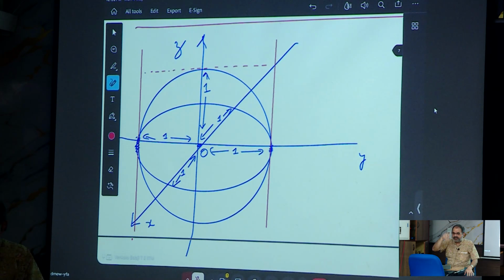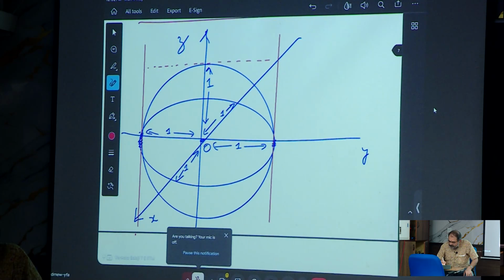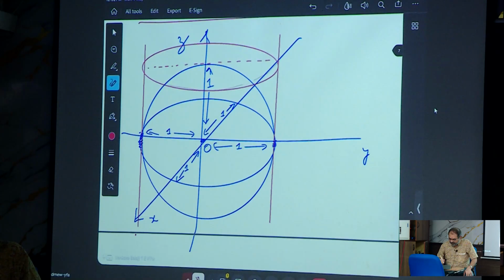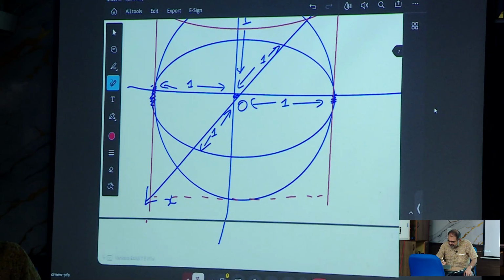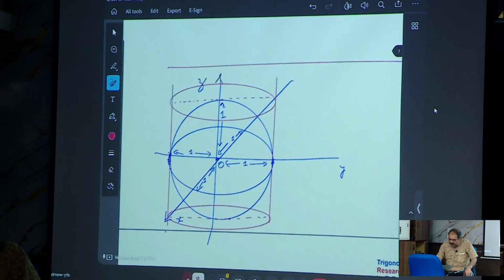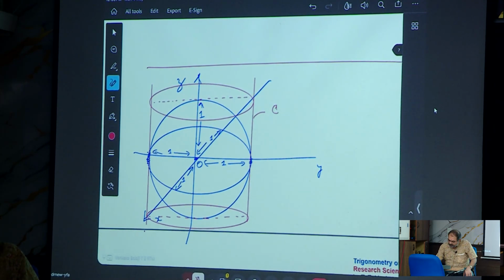That's the diameter of the sphere, any of the diameters. So here is one, and again here's another. So you see this is my cylinder C.